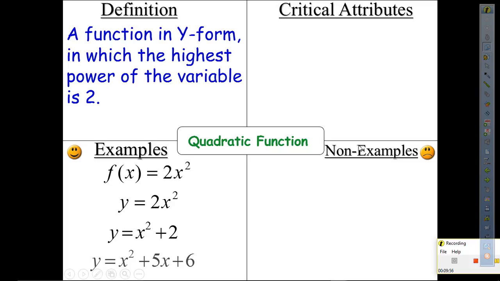Let me show you a non-example. So according to the definition, a quadratic function is a function in y form where the highest power of the variable is 2. Do we have that here? Yes. y form? Yes. Okay, non-examples: y equals mx plus b, y equals x cubed plus 9, and x squared plus 5x plus 6.